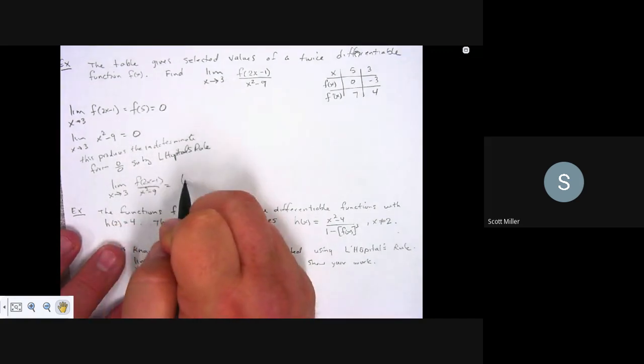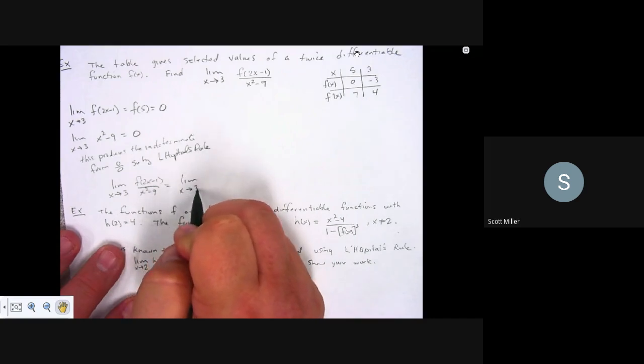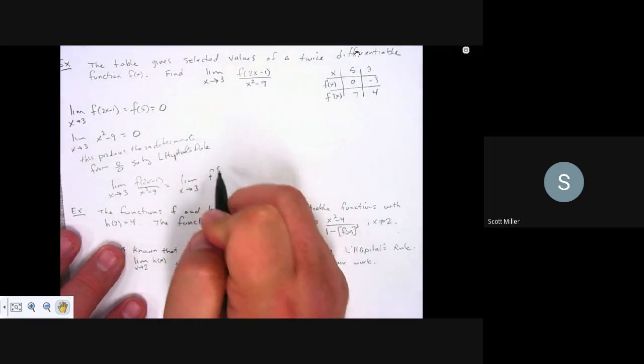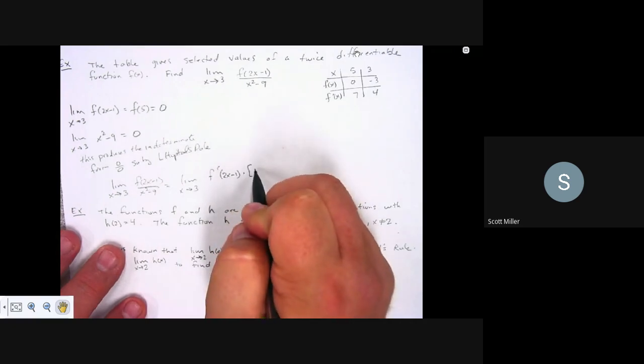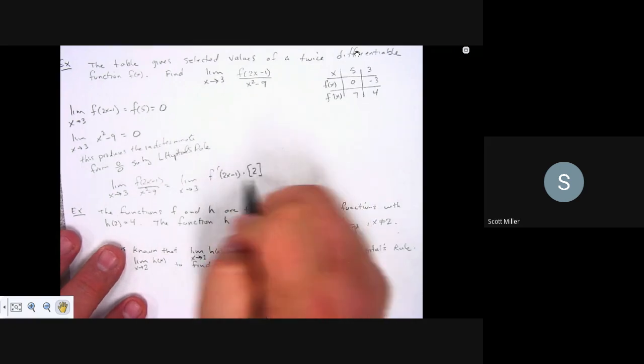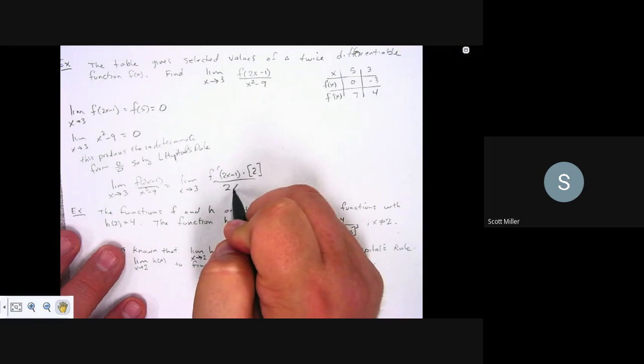So the limit as x goes to 3 of f of 2x minus 1 over x squared minus 9 is the same as the limit as x goes to 3 of the derivative of the top times the derivative of the inside, which is 2, over the derivative of the bottom, which is 2x.